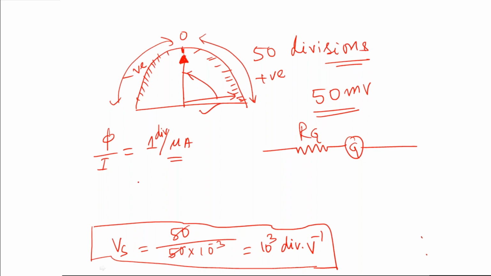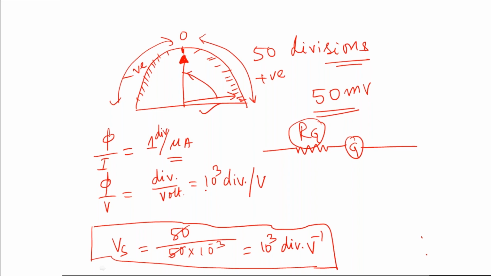If you want to calculate the resistance Rg, you have to go back. Voltage sensitivity is given by I by V, in divisions per volt. In this case, we already have 10 to the power 3 divisions per volt.